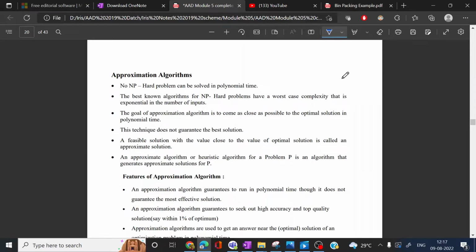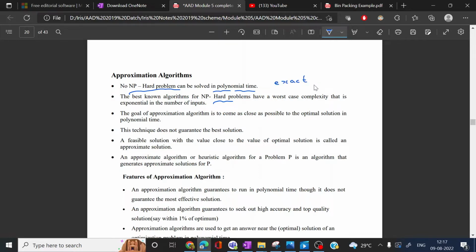We know that NP hard problems, which take more time complexity, cannot be solved in polynomial time. It takes exponential time. NP hard problems or NP complete problems will take exponential time. So finding an exact solution for such problems is time consuming.